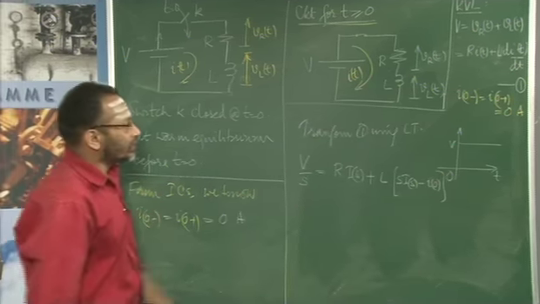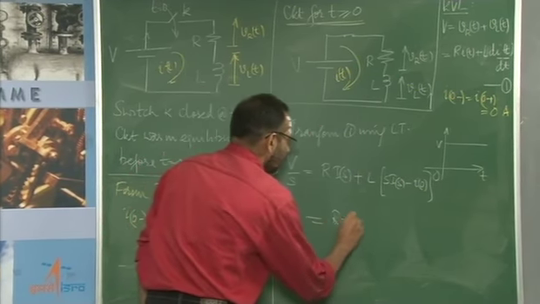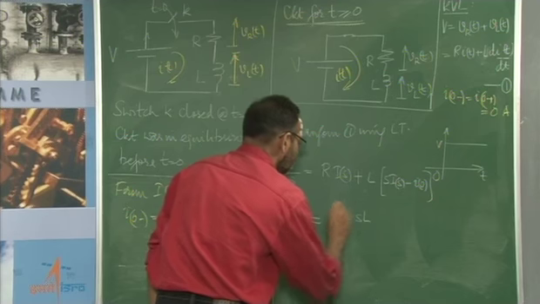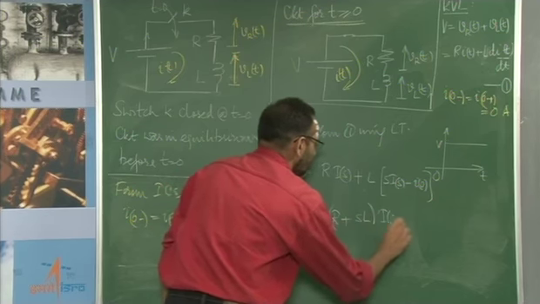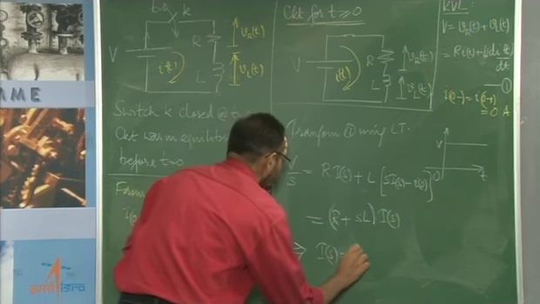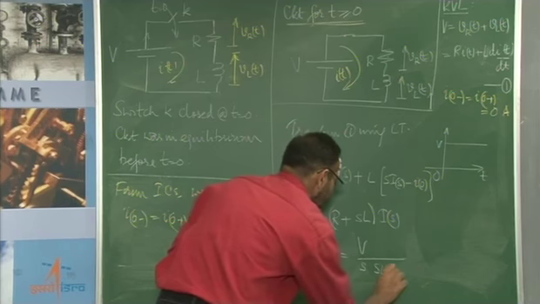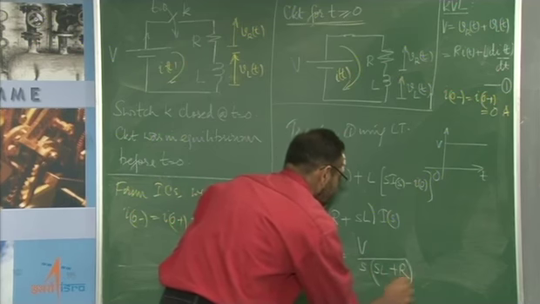Now, we know that I0 is 0 because of this. So, we are going to write this as R plus SL into I of S, which implies I of S equal to V divided by S into SL plus R.